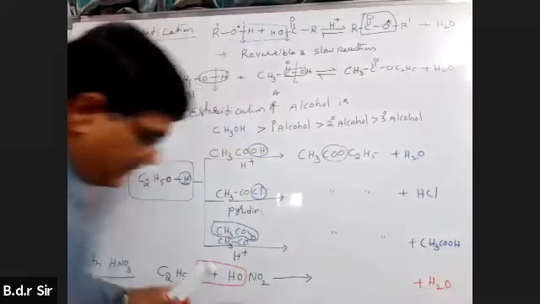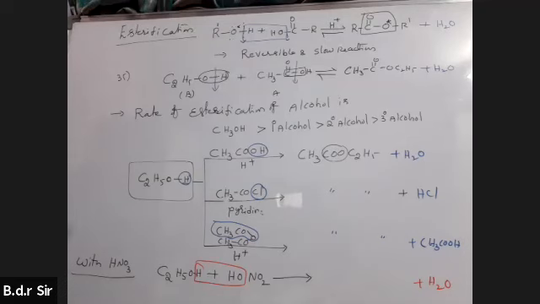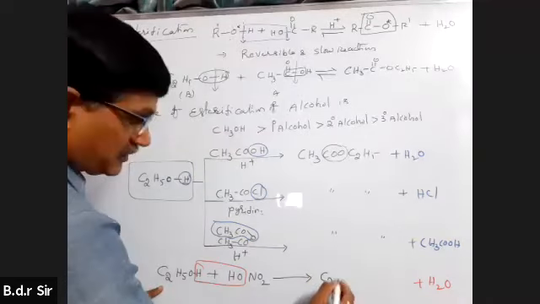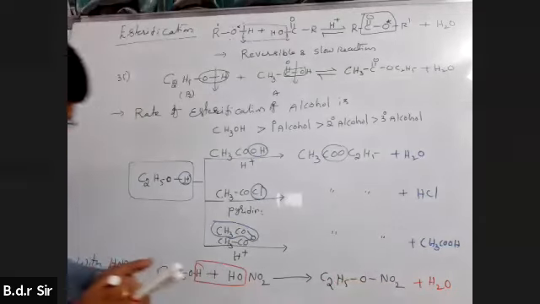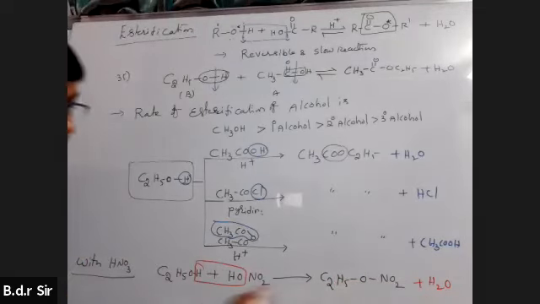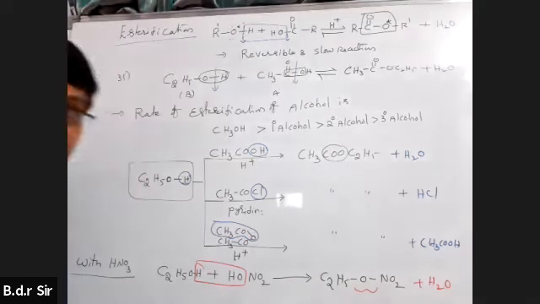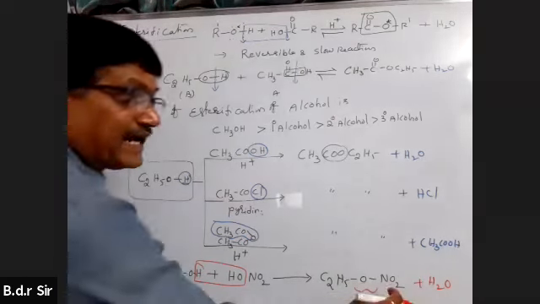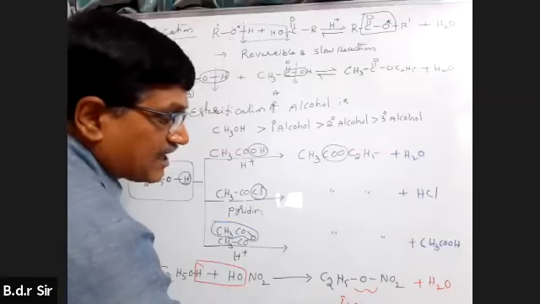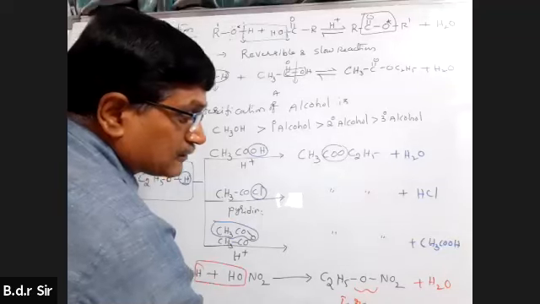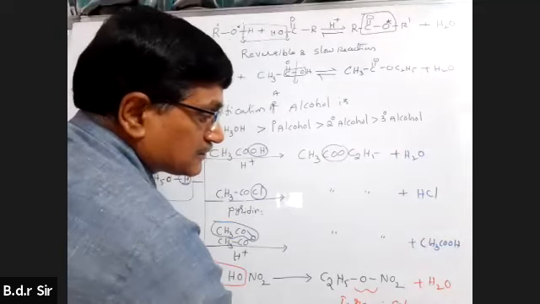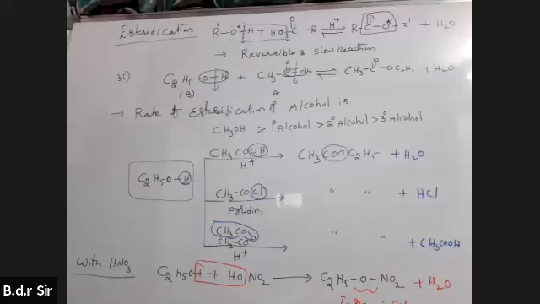What is the remaining? C2H5ONO2. Here the oxygen bond is between carbon and nitrogen. It is an example of inorganic ester. Okay, this reaction is also an example of OH bond breaking.